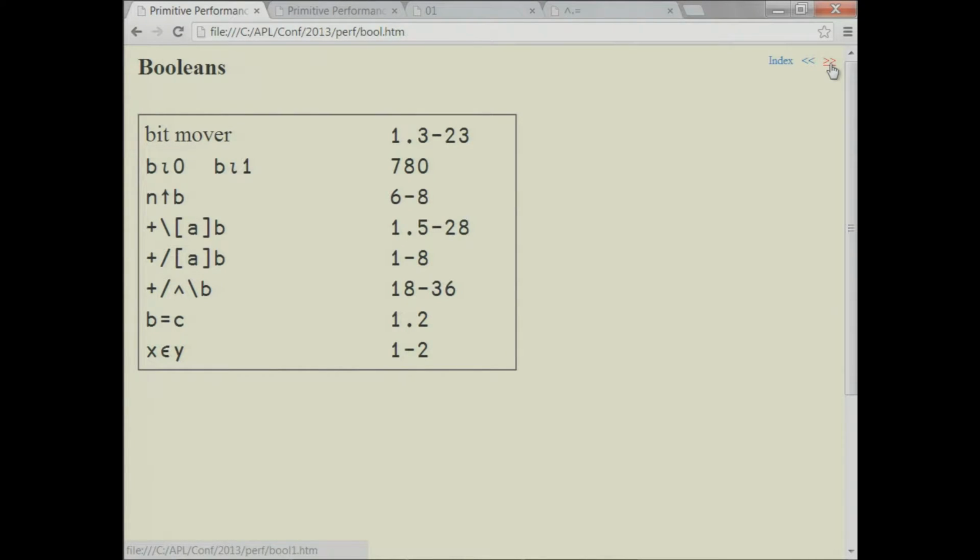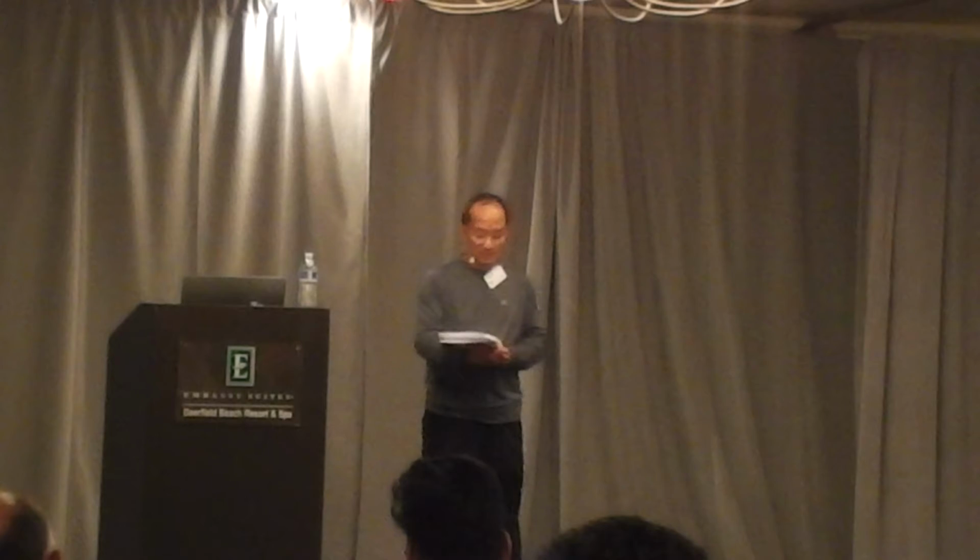The next underlying theme in the speedups is Boolean functions. The initial impetus for this work started in March 2012, when Morten was preparing to present the Game of Life at a software conference in Sweden.